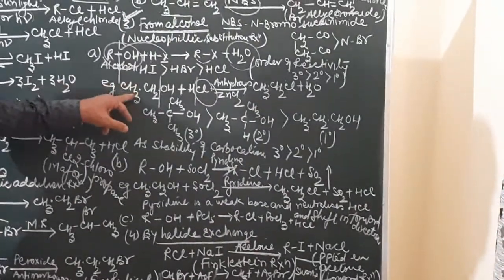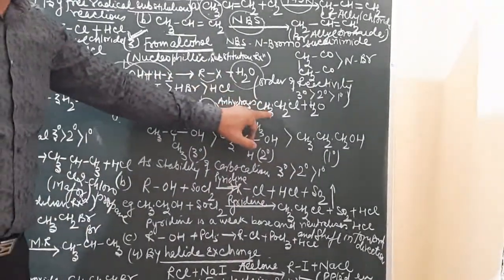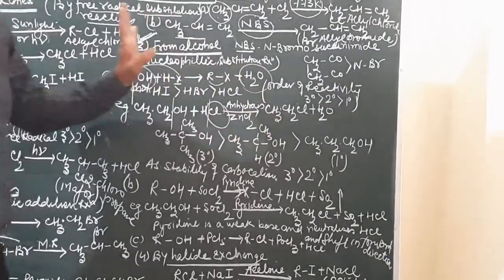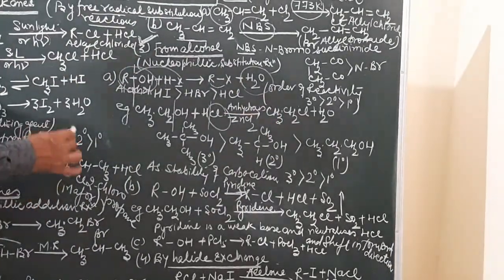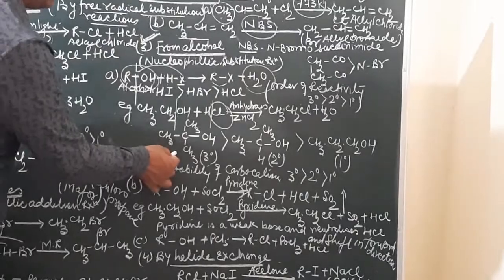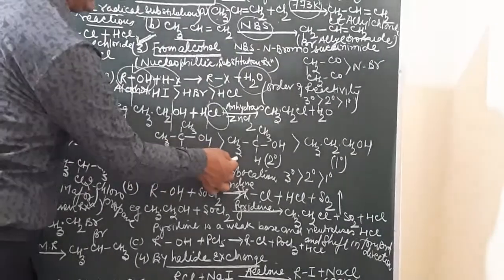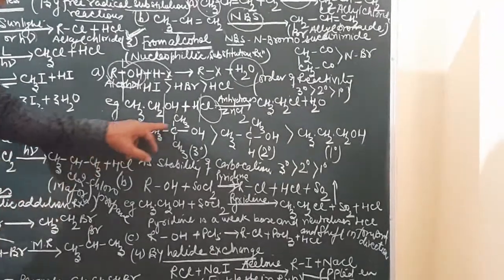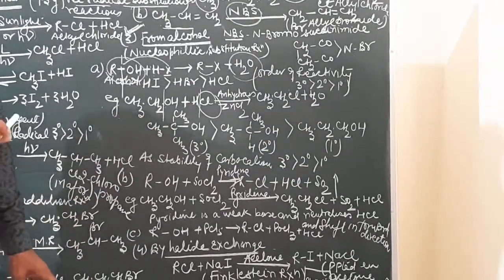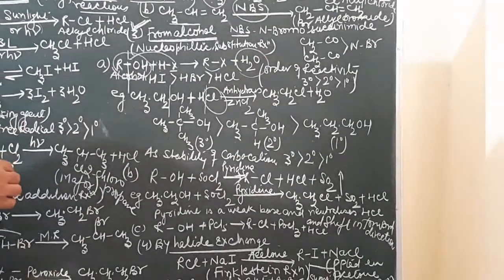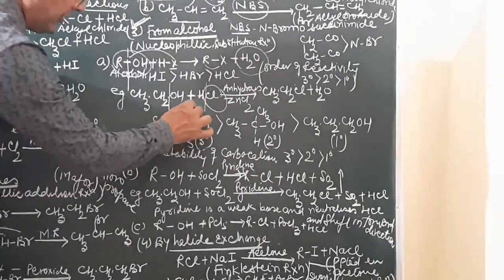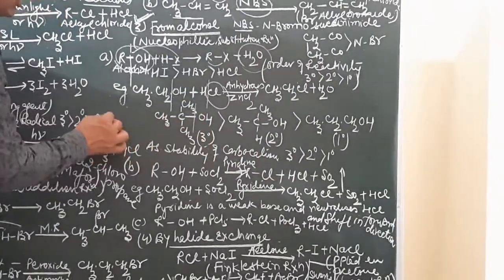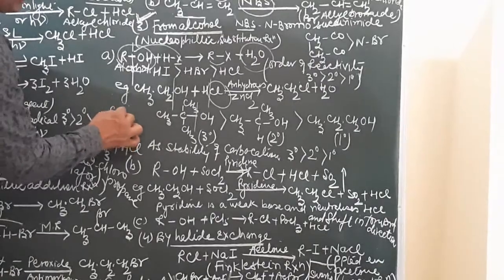So alcohols are converted to haloalkanes. And always 3 degree alcohol reaction will be faster as compared to 2 degree as compared to 1 degree. Why? Because the mechanism involves the reaction intermediate carbocation. And during this substitution reaction, when this bond is cleaved, we will get a carbocation.